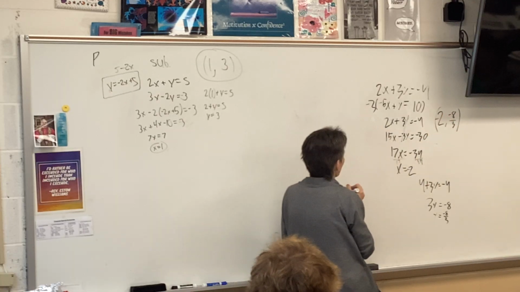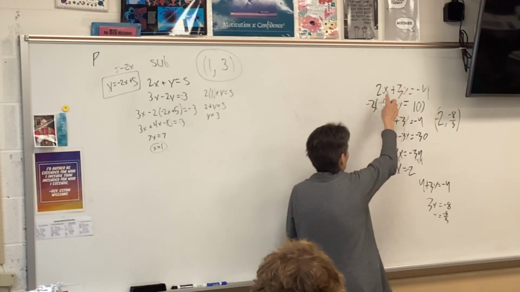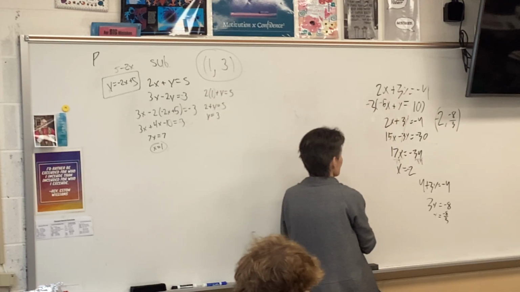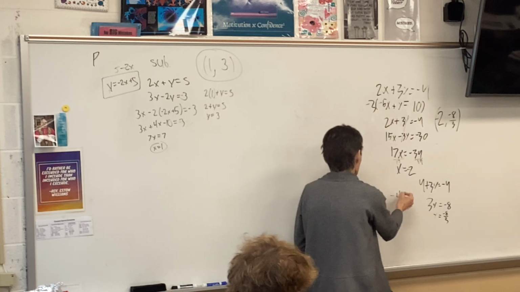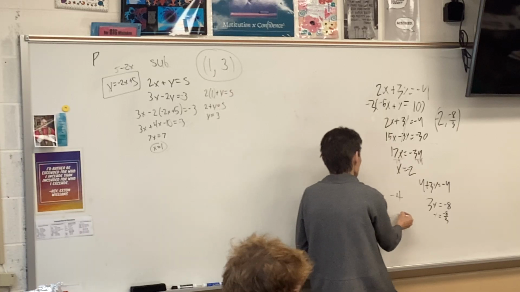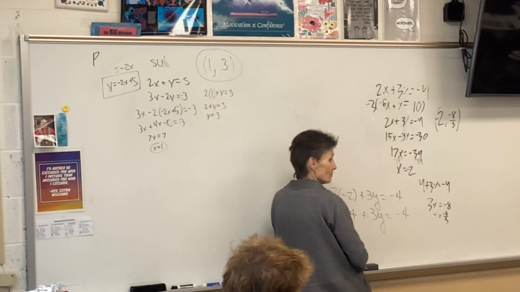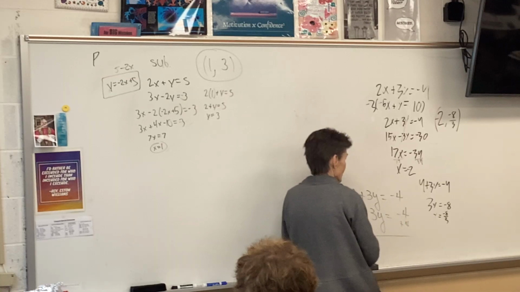So then he went back and plugged that in here. So 2 times -2 plus 3y equals -4. So -4 plus 3y equals -4. Wait a minute, what happens when I add 4 to both sides?